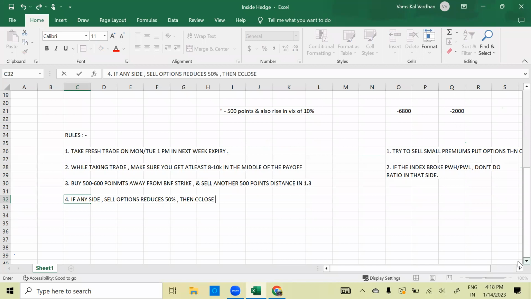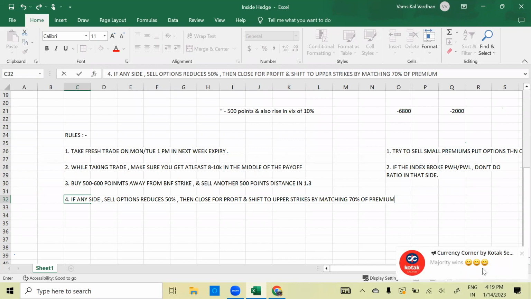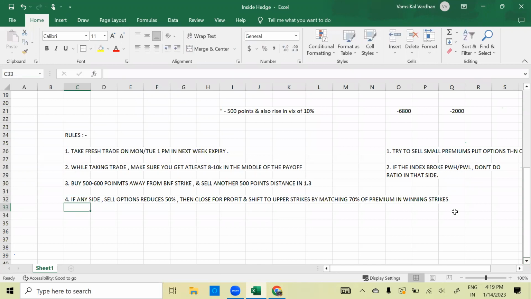If any side sell option reduces 50%, then close for profit and shift to upper strikes by matching 70% of premium. So the adjustment is if any side sell option reduces 50%, I mean decays by 50%.